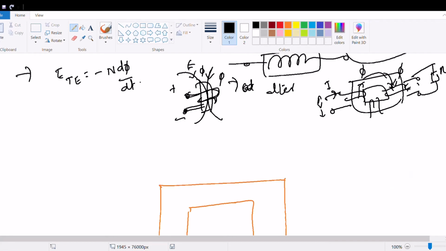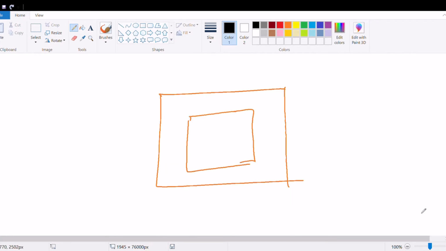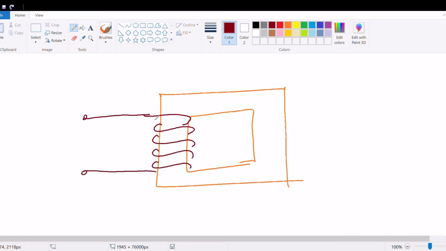Now, this is a transformer, a typical transformer connection. This is the ideal one, and practically, transformer construction differs a lot. Now these are the winding connections. This is the secondary winding.